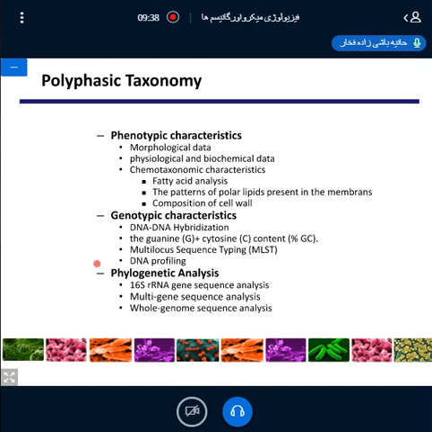They are important in genotyping characters. About phylogenetic analysis, we have 16S rRNA gene sequencing analysis, multi-gene sequence analysis, and whole genome sequence. Please write this slide.